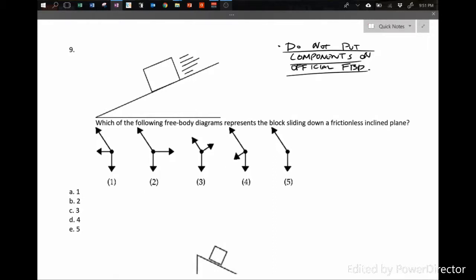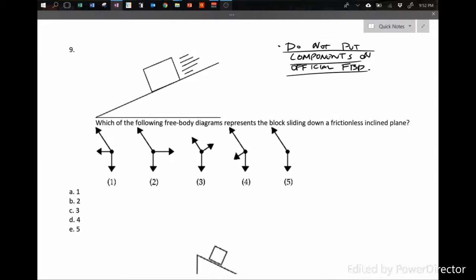If the College Board asks you to draw a free body diagram, it really doesn't want to see components at all. Doing that will invalidate your free body diagram. Also, when you're given a free body diagram, it will not have components on it. We will not be breaking gravity up in this situation. So if we're looking at an official free body diagram, all that matters are the whole forces.